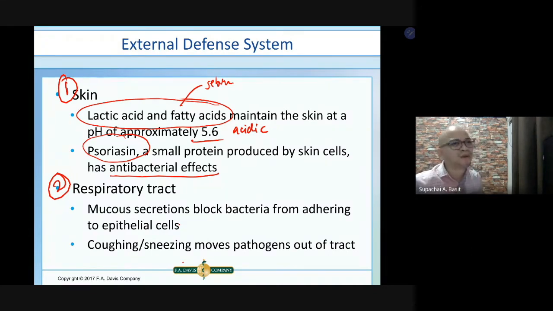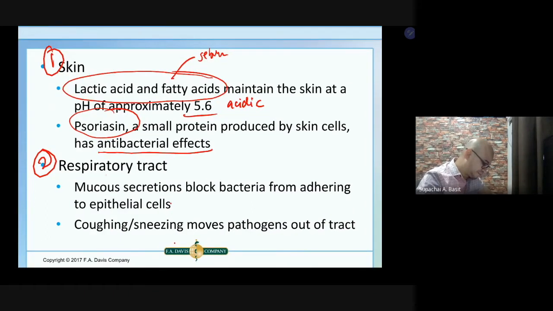If you recall your histology, the pseudostratified ciliated columnar epithelium has goblet cells, and these goblet cells can produce mucus. Mucus will block bacteria and other microorganisms from adhering to epithelial cells.